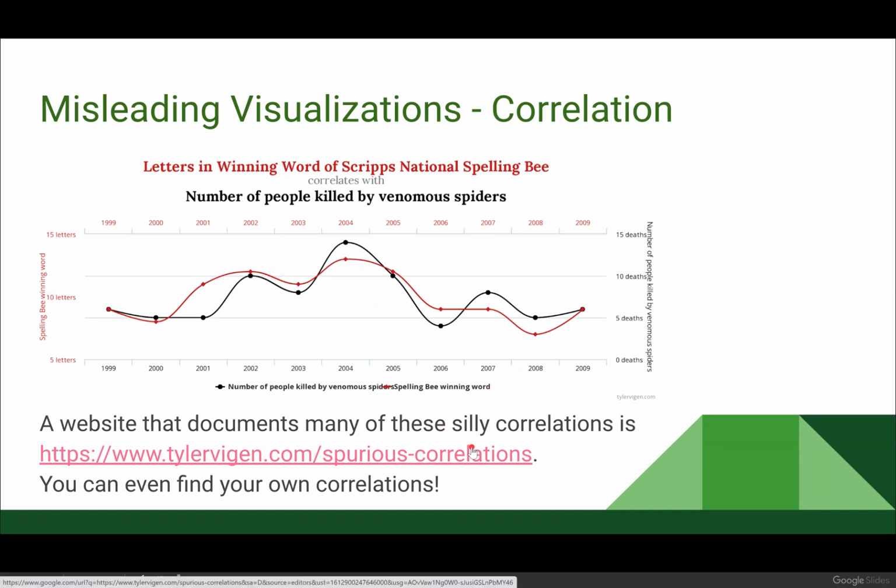You can find two different data points and it'll graph them together and say, hey, this correlates with this at this correlation rate. So how closely do those lines match? Even though obviously none of the things that we're looking at are going to be causing the other. So just remember, anytime you're working with two data sets, remember the difference between correlation and causation.